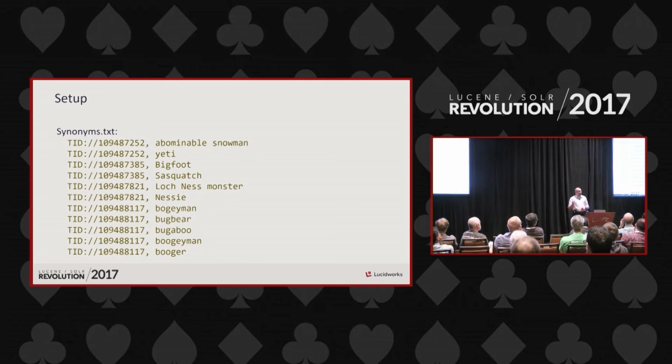We're going to give them that same consistent UID. So what happens when Solr replaces every occurrence of Yeti with the first occurrence of its synonym definition, and every occurrence of Abominable Snowman with its first occurrence of a synonym definition? They're both going to emit the same token.